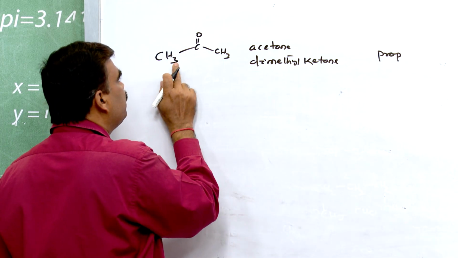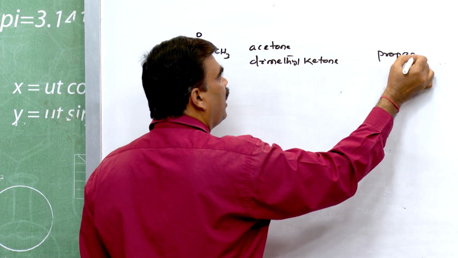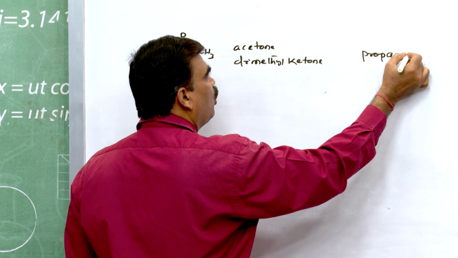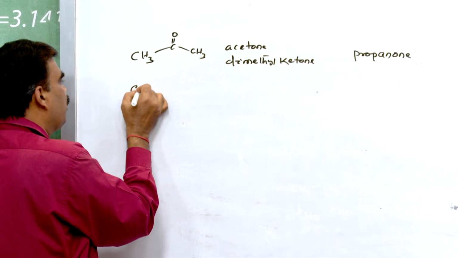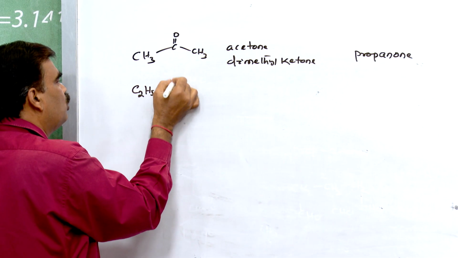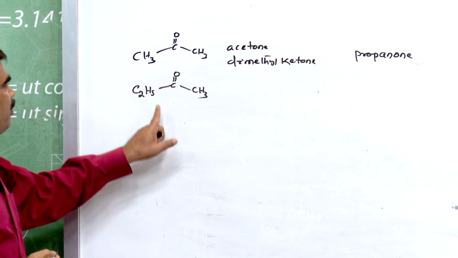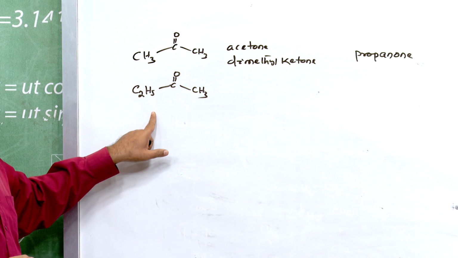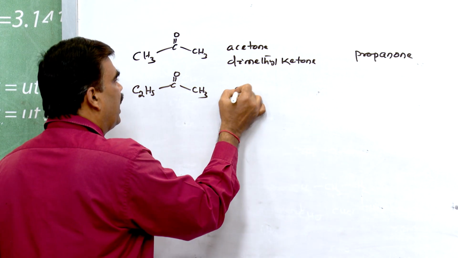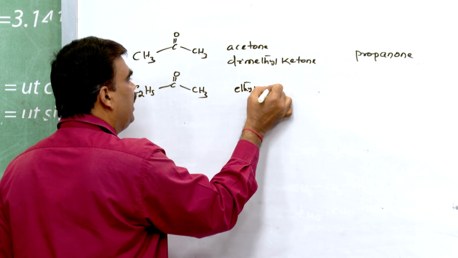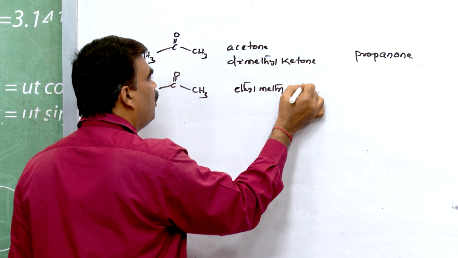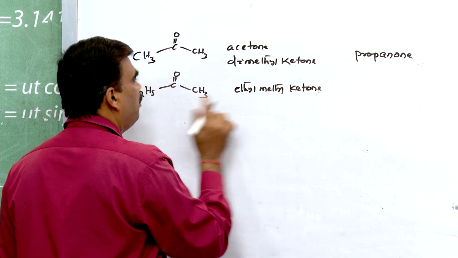There are single bonds between them, meaning an, and one: propanone. Similarly, you can also do the nomenclature of this molecule. What will be its name? The common name is ethyl methyl ketone, because ethyl, E, comes first. What will be the IPS name? Butanone.